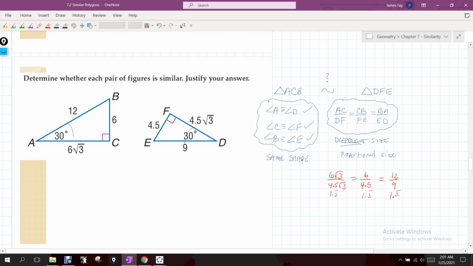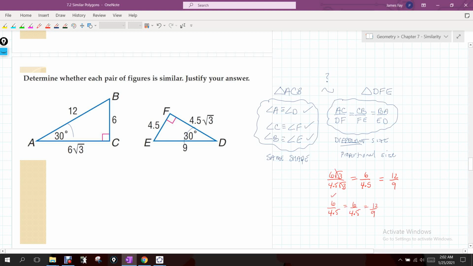If you understand the reduction, which I hope we do, this radical 3 and that radical 3 can cancel. So it leaves me 6 over 4.5 equals 6 over 4.5 equals 12 over 9.